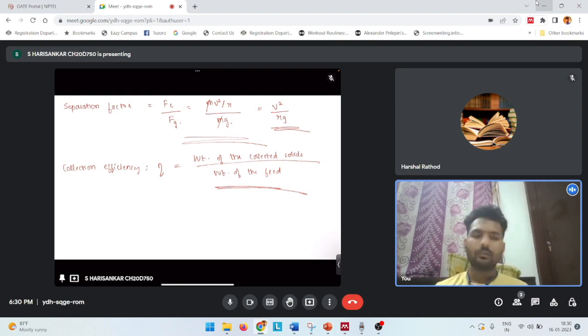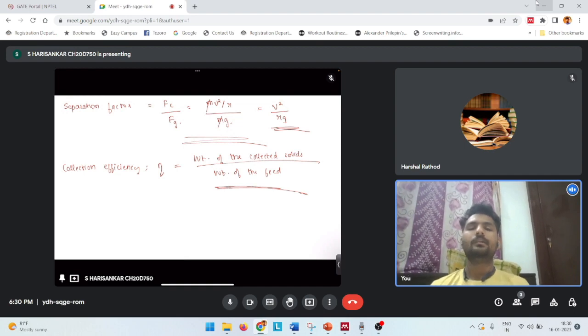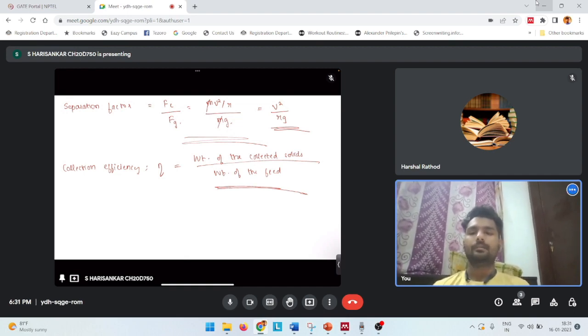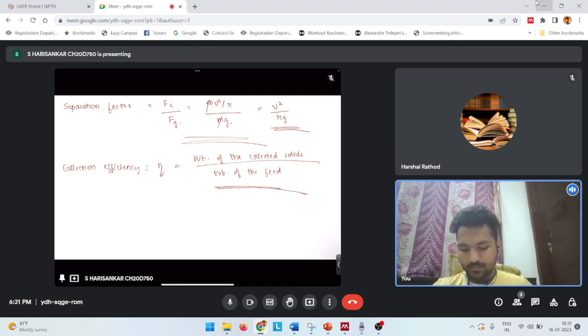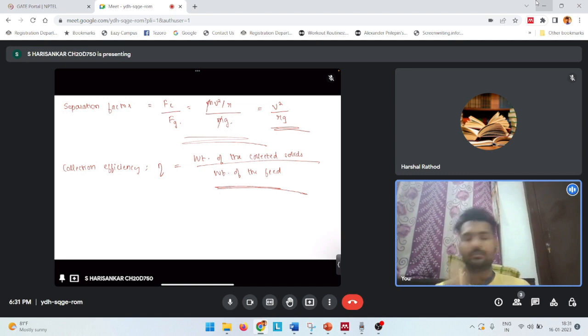So this is called the collection efficiency of a cyclone separator. We'll see how we can use these equations for solving some problems in the coming slides. So we'll stop here with the theory, and we'll try to solve some questions today with regard to this and see where it goes.